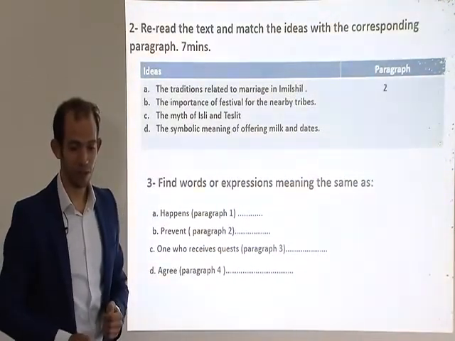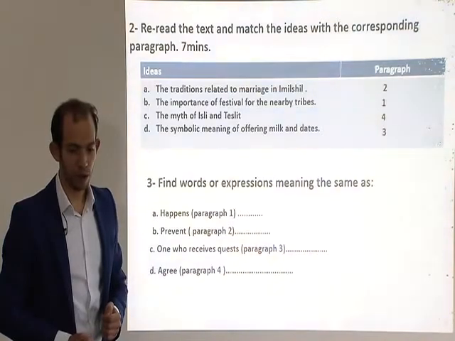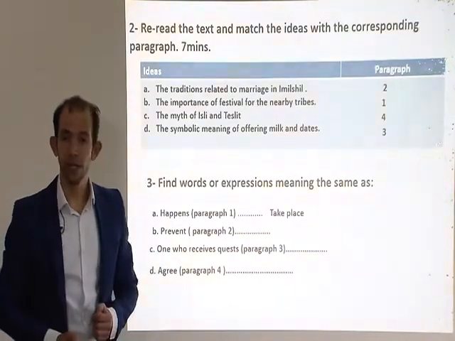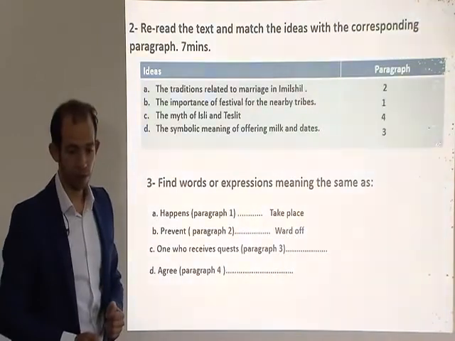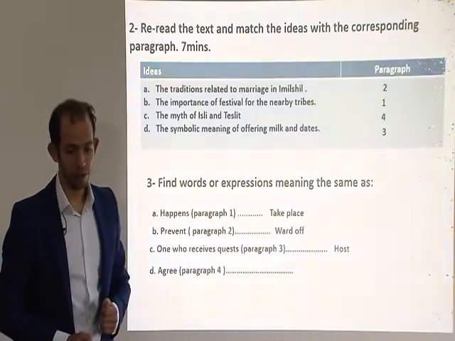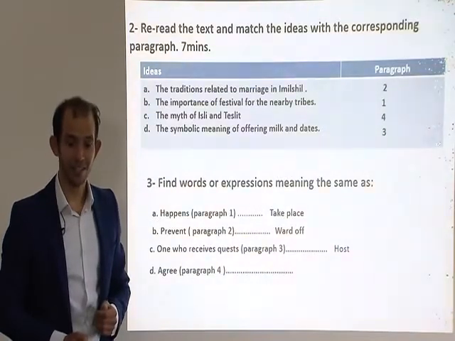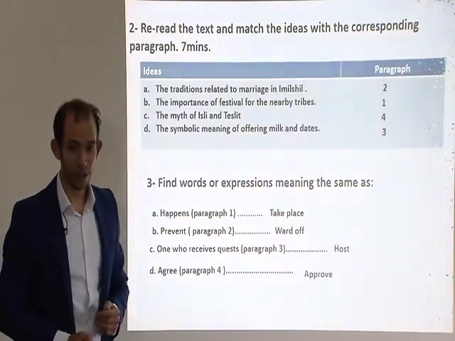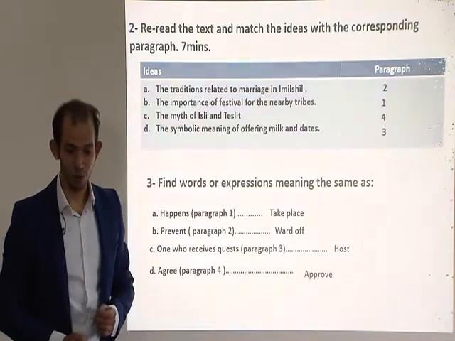So let's correct all together. So for number 1, for happens, it's takes place. For prevent, to ward off. One who receives guests is a host. And agree means to approve.